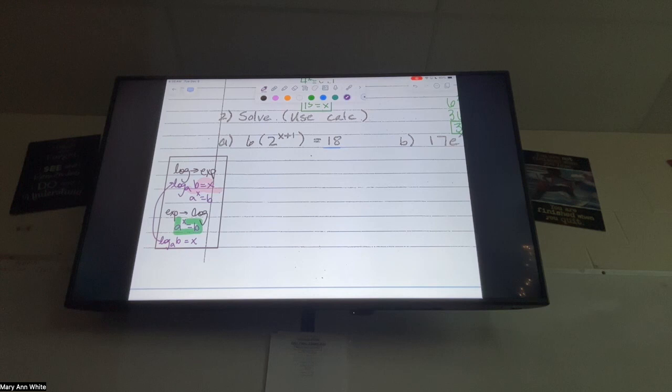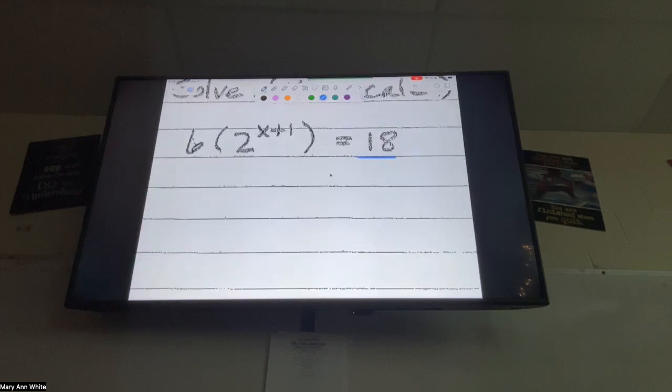Okay, so let's look at this first example I've got. I need to at least get the base by itself, so the number raised to the exponent needs to be alone. So what's the first thing I should do here? Divide by 6. Let's get rid of that 6. Divide by 6, because now I've got 2 raised to that x plus 1 equals 3.